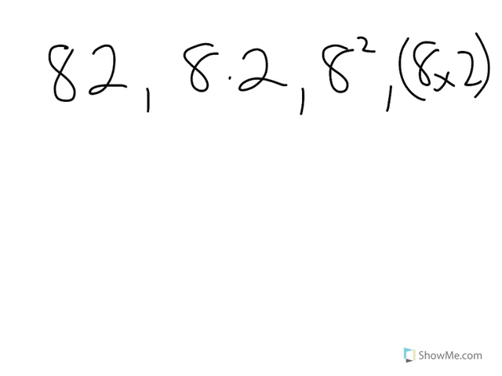Question 2 shows a bunch of numbers, and we have to order them from smallest to biggest. Some of the numbers are not in conventional form, so let's change these to normal numbers before we get started. So 8 squared, that is 8 times 8, which is 64. And the next one is 8 times 2, which is 16.